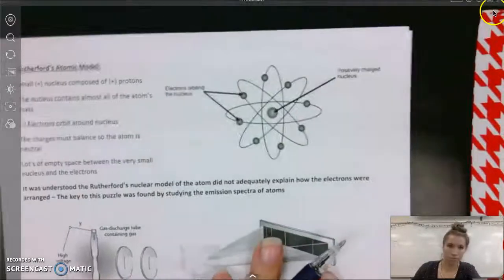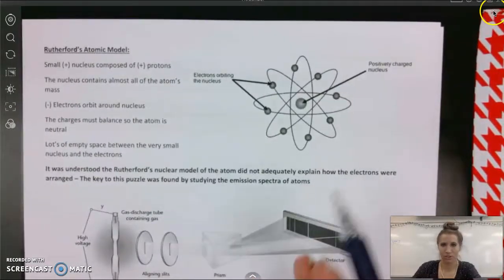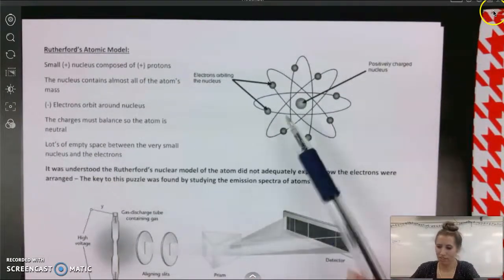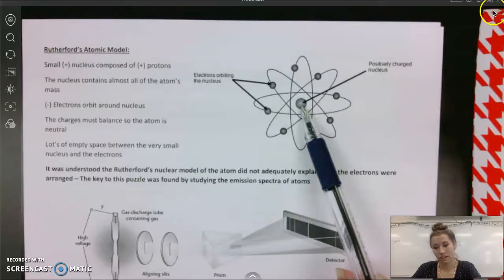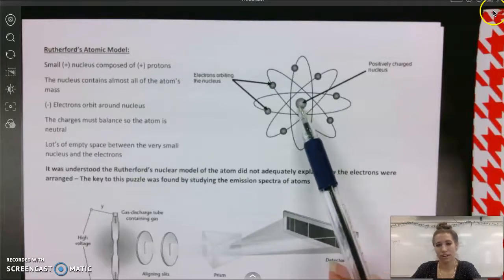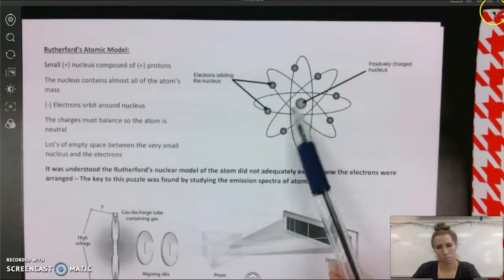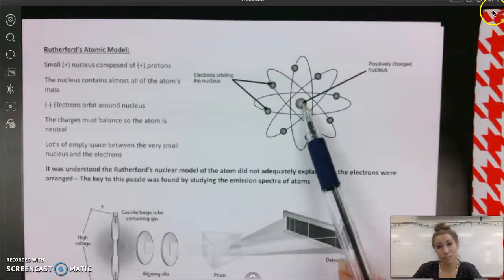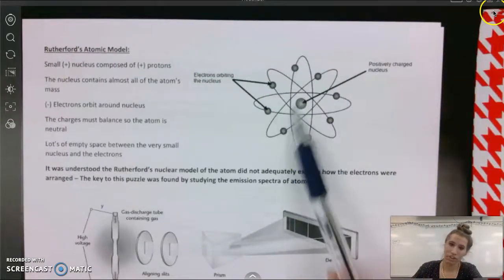So from this, the Rutherford model was created. We now have a nucleus. It's no longer plum pudding. The nucleus is compact, contains most of the mass, and is positively charged. And electrons are flying around that nucleus. And if the nucleus is positive and the electrons are negative, then there's an attraction between them.